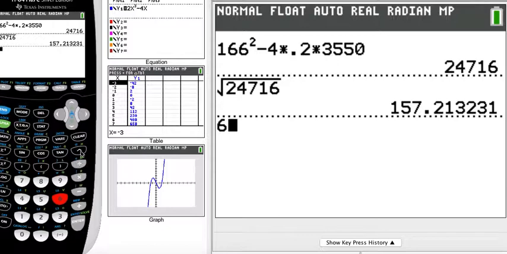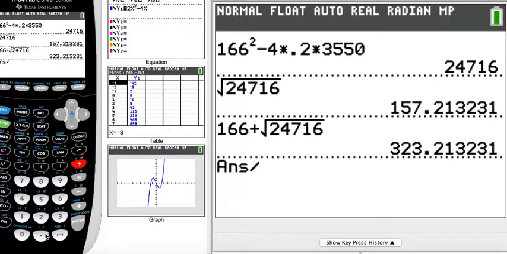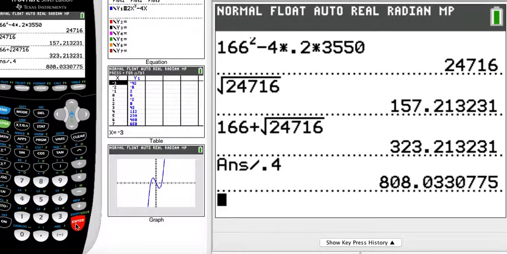So 166 plus the square root of 24,716, divided by 0.4, equals, and I get 808.033.